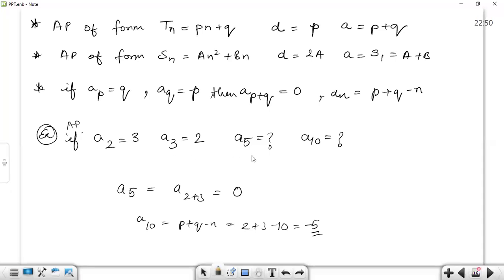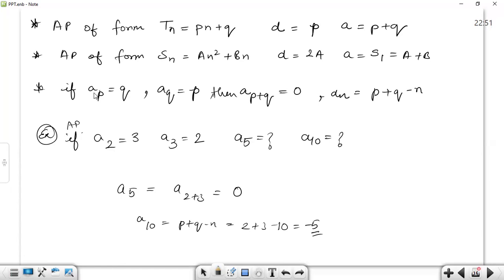Basically, what was asked from us was p plus q. Now, the gist is that you don't have to learn p and q. It's that what is the relevance of p and q in the property? It is that the pth term was q and the qth term was p. Now, these were two numbers which we were referring to as p and q.